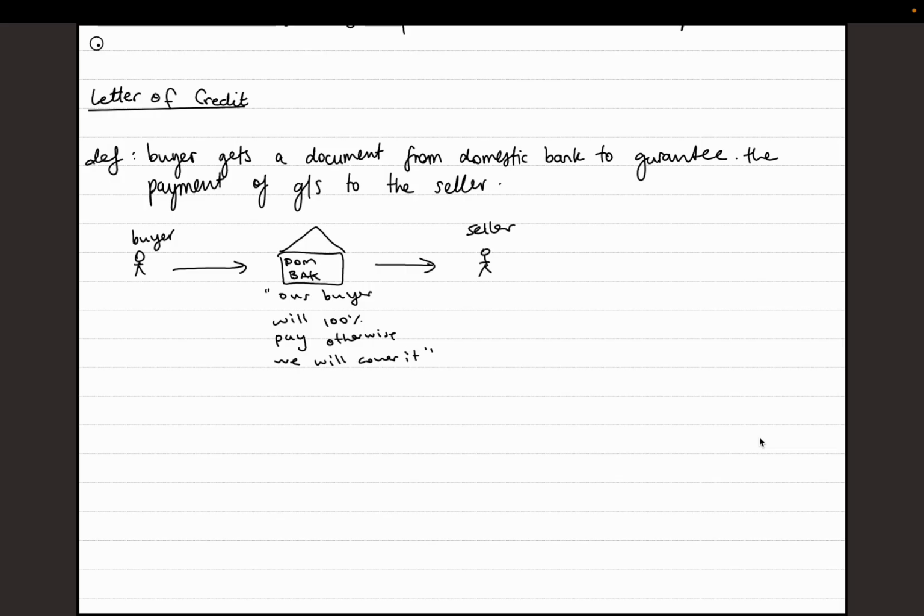A bank will only do this if the buyer has a good credit reputation. So if the buyer has a bad credit reputation, the bank won't do it for him. So our buyer will 100% pay you, otherwise we'll cover it.